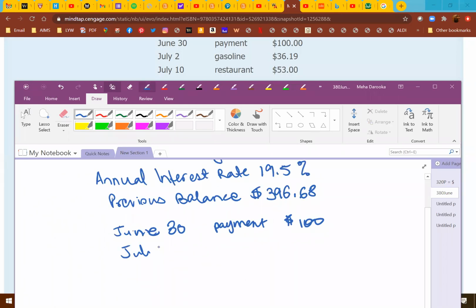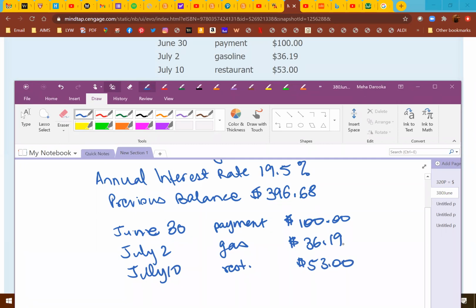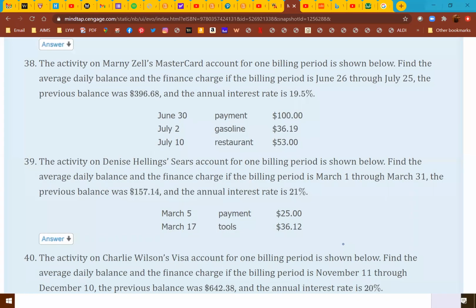July 2nd is gasoline at $36.19, and then the last one is July 10th for a restaurant at $53. Okay, and I believe that's all the information we have here.